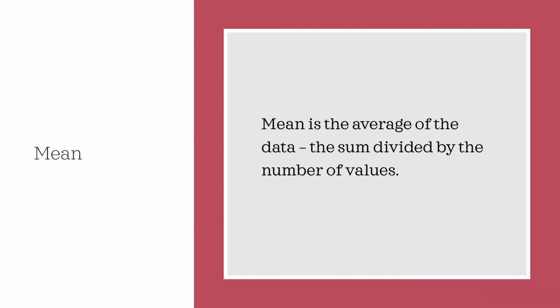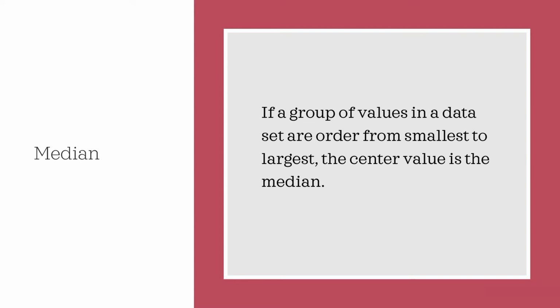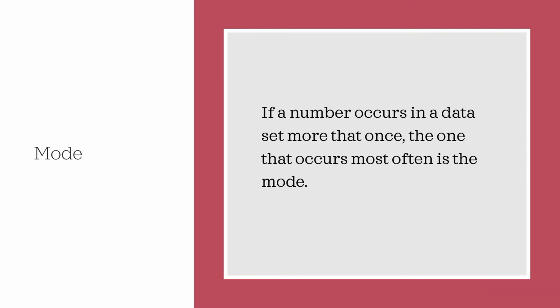The mean is the average of the data, the sum divided by the number of values. The median is, if the group of values in your data set are placed in order from smallest to largest, the center value. And the mode is the number that occurs more than once in a data set, the one that occurs the most in the data set.